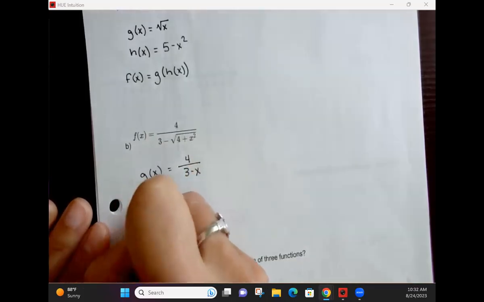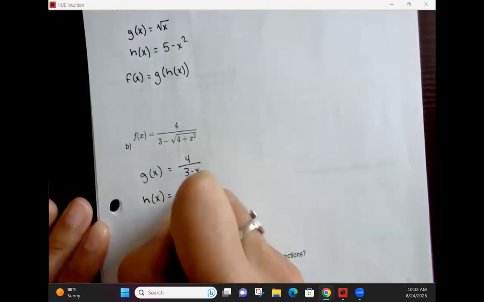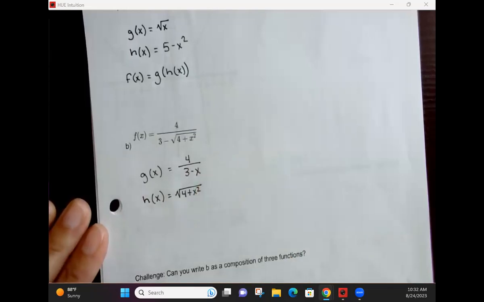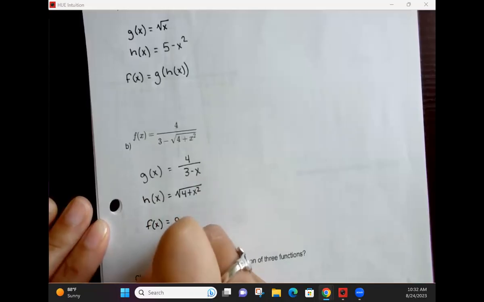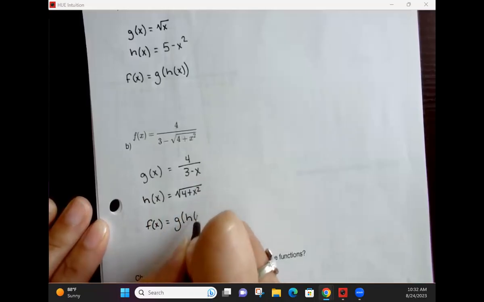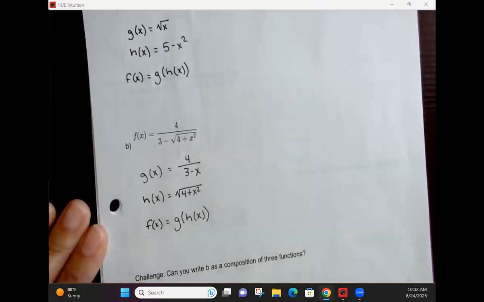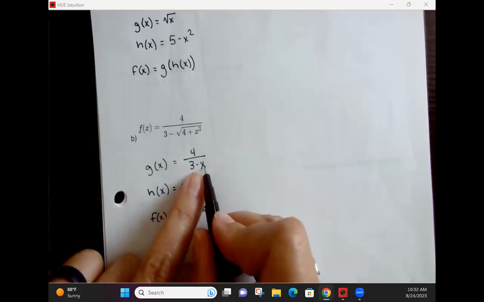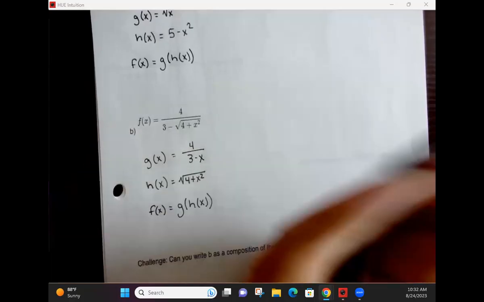And then let's let h of x be the square root. So then f of x is just the composition g of h of x, I should say. I take h of x and I put it in for x in g of x, and that's how I got f of x.